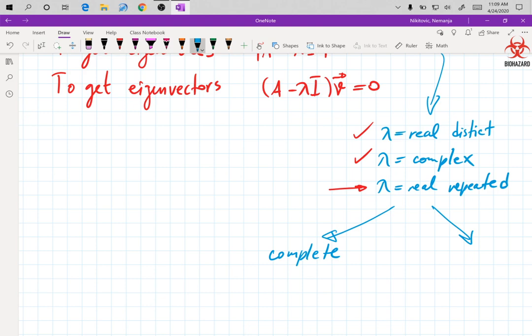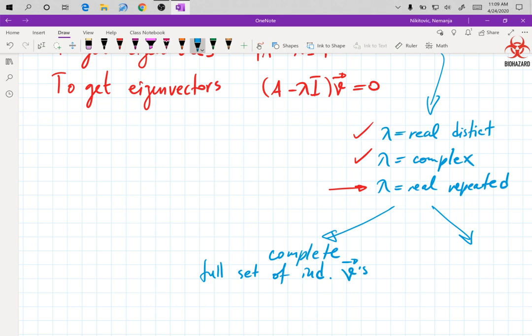In this case, complete means that we have a full set of independent eigenvectors, right?